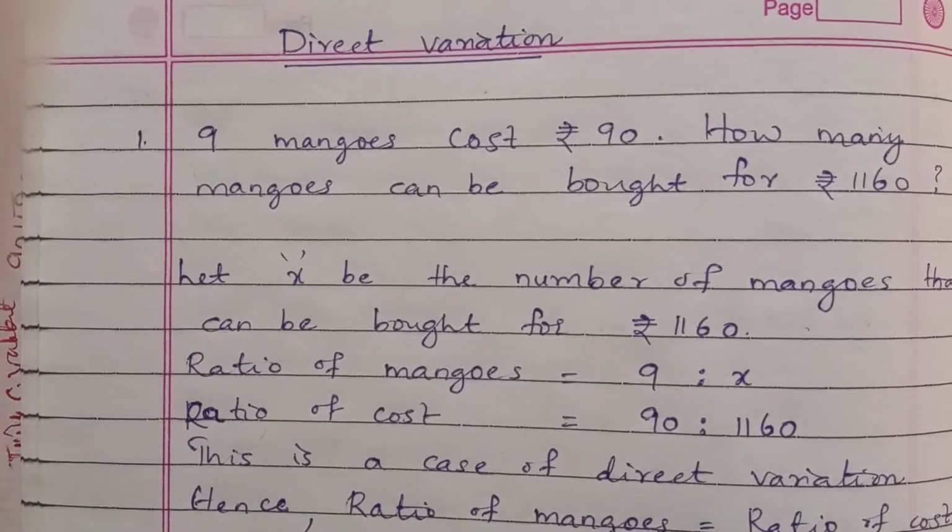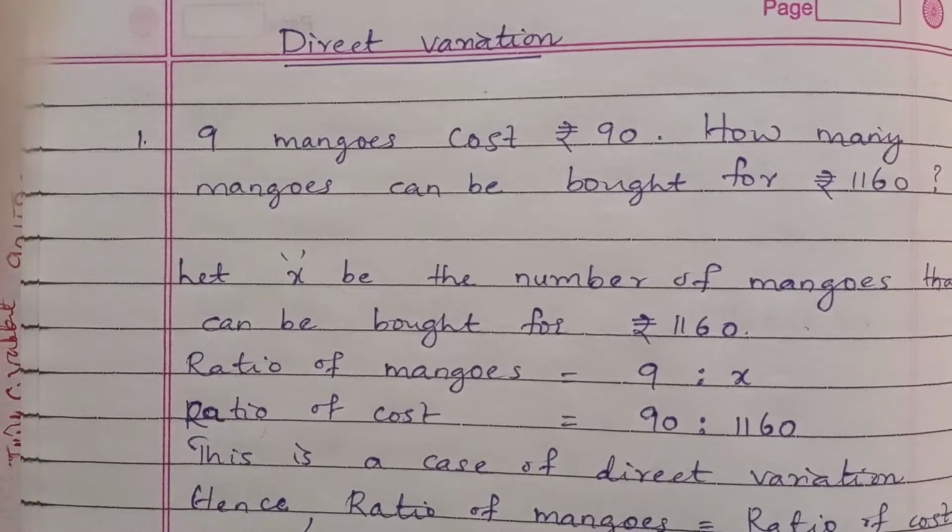For example, we know that when the cost of articles increases, we can buy more number of articles, or if the number of articles increases, we have to pay more amount. So here both the quantities, the cost and the number, increase.